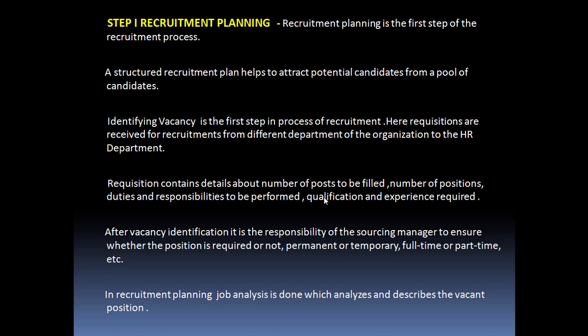That is, those candidates who have matching skills with the vacant position from the pool of candidates available in the market. So in recruitment planning, the first and foremost thing is to identify the vacancy or the vacant position in the organization. Generally, in any organization there are many departments, and if any department has a vacant position, then such a department sends requests, called requisitions, to the HR department.